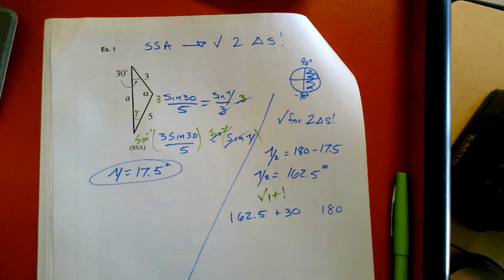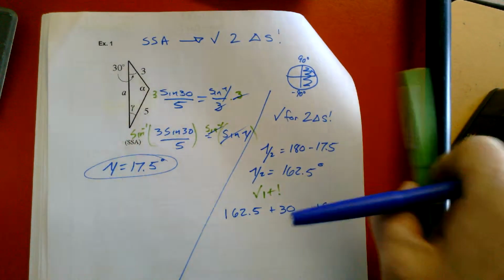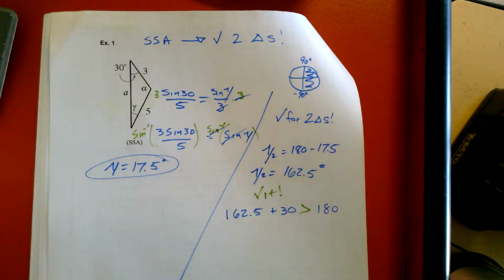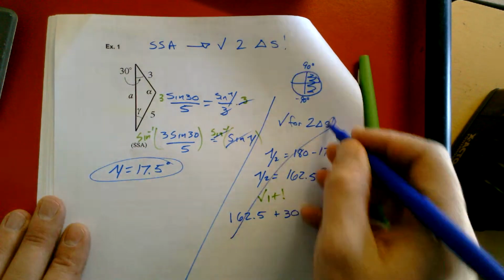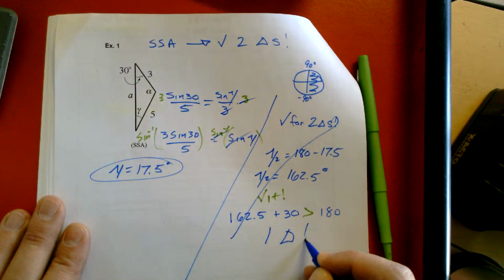Which one's bigger? 162.5 plus 30 or 180? This is 192.5, right? Can you have a triangle more than 180 for a total angle measurement? No. So this guy is way more than 180. That means there's no room for that third angle, which means there's only one triangle.